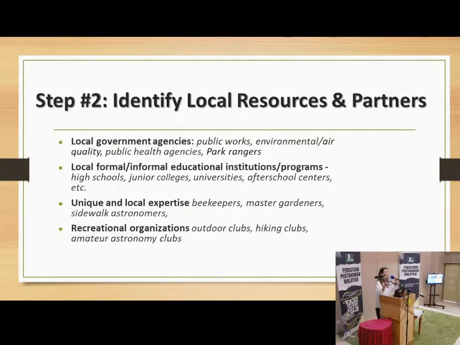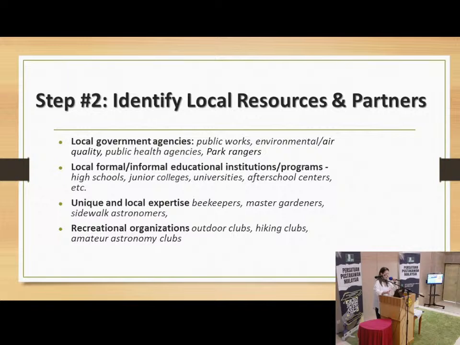These are all good partners that you can look into. Local, formal, informal educational institutions or programs. For us, we have several different universities. So if you're already a university, you can tap other universities and say, hey, we're interested in doing this. Do you want to be part of it? Or local schools, or any after-school programs that exist in your community.